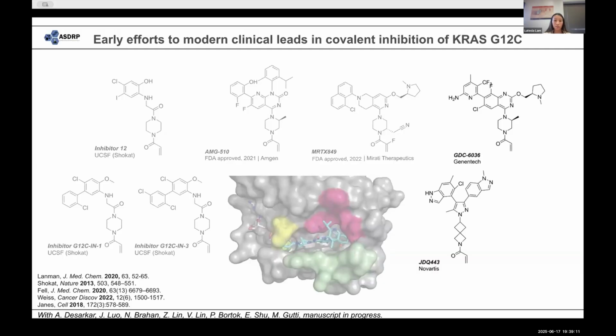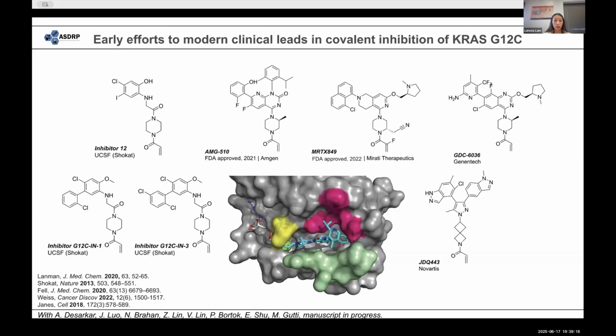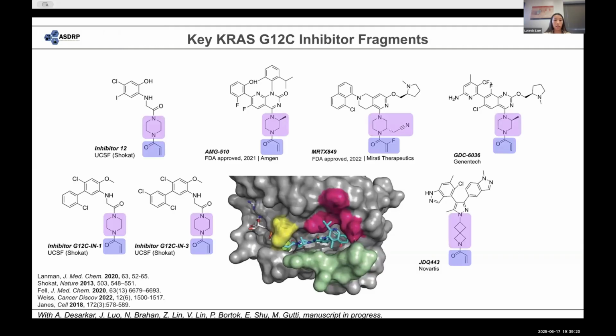And then here are some preclinical molecules by Genentech and Novartis. And so all these molecules have in common this piperazine spacer fragment in pink and this covalent warhead in purple. And so inspired by this, we integrated this into the development of our own targeted covalent inhibitors.